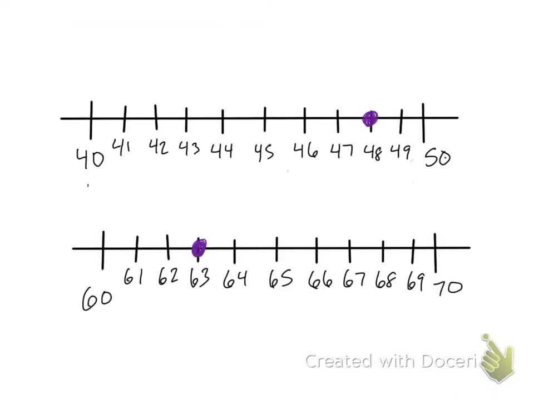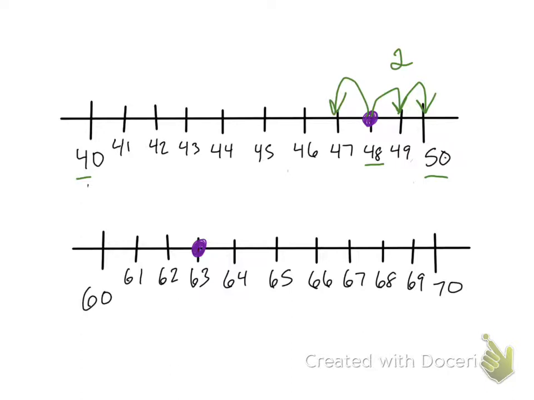All right, so if I have numbers on a number line between 40 and 50, like I have here, okay, and I have a dot on number 48, how many jumps or steps is it to the 50? It would be 2 jumps to get to the 50. How many jumps would it get to the 40?